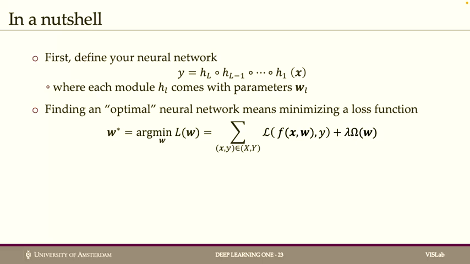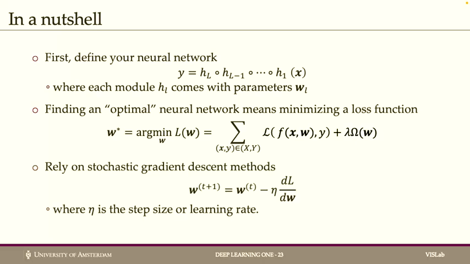As we know, we cannot find the optimal W, but only some local optimum or something that's close to the global optimum, but for finding the real global optimum, we can never be sure because these methods are iterative. They won't tell you, hey, I'm done with optimizing. That's simply not possible for non-convex methods. And we rely on stochastic gradient descent methods, which have the following form.